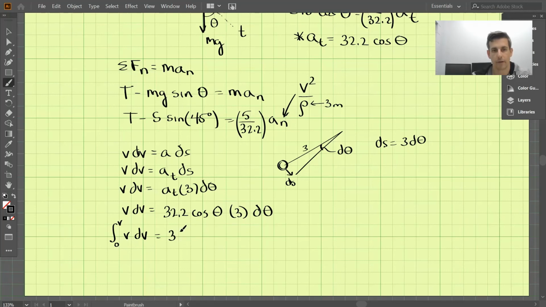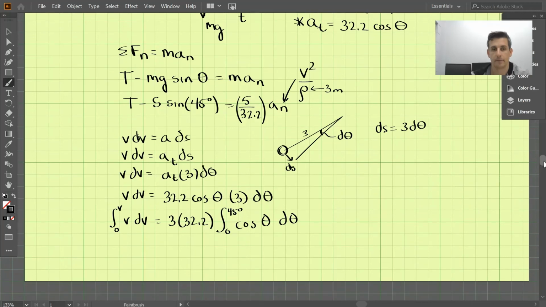So we'll have 32.2 out front of the integral here. And then we have the integral from 0 to 45 degrees of cosine theta d theta. All right, let's keep going.